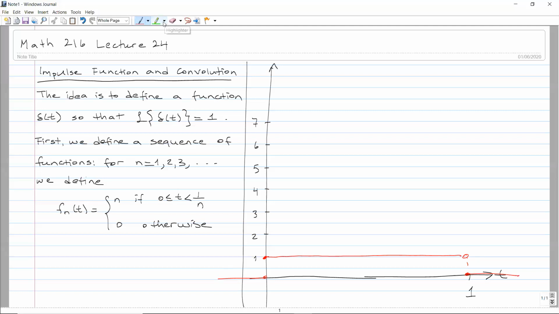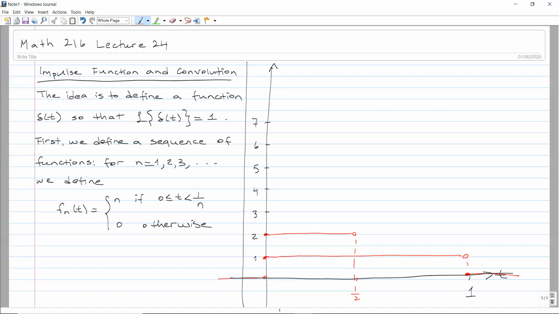Then f sub 2 is equal to 2 from 0 to 1/2, and 0 otherwise.